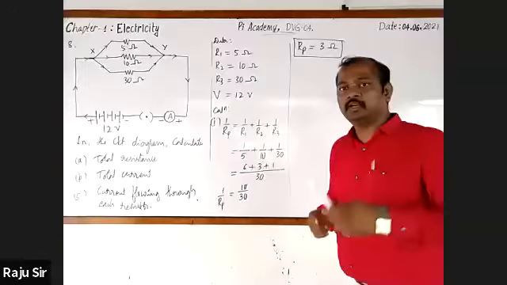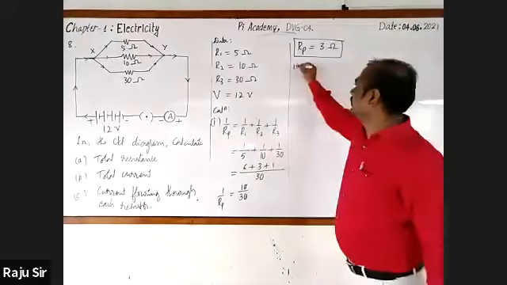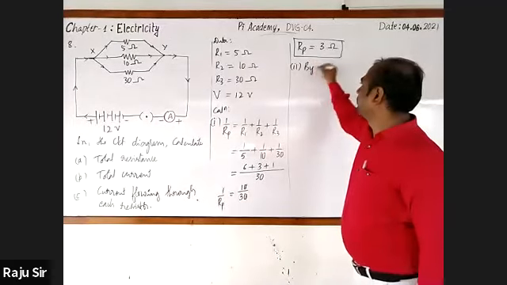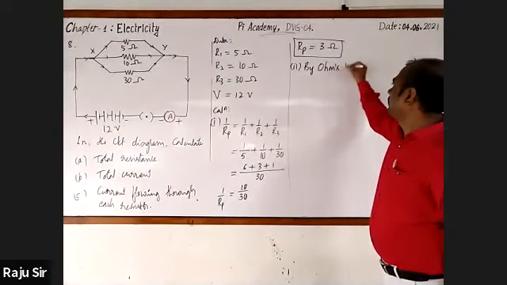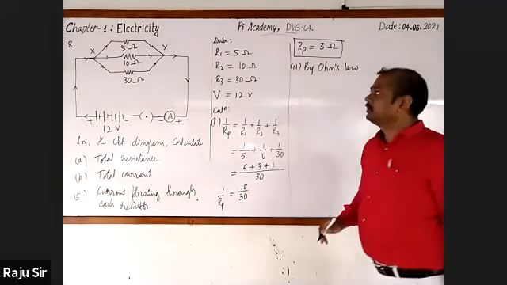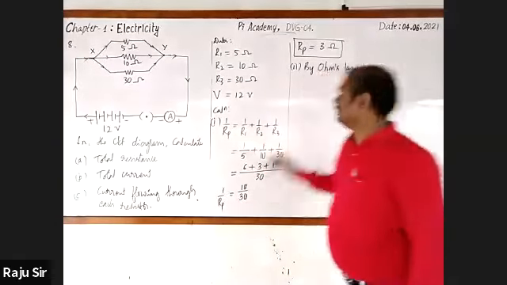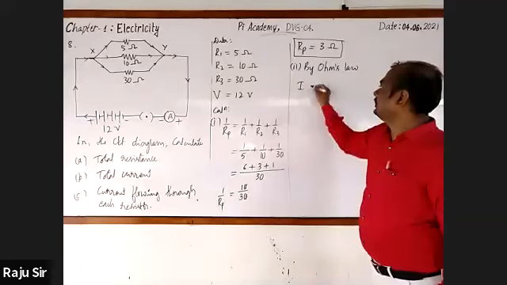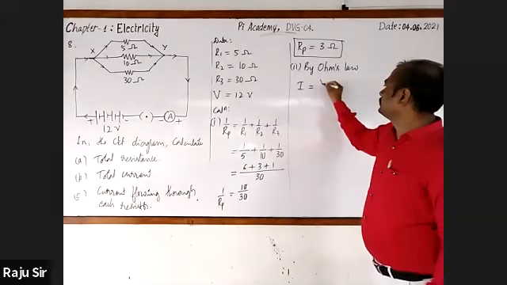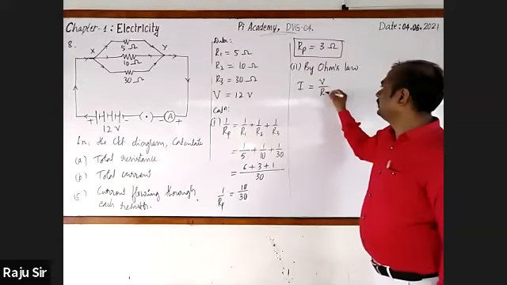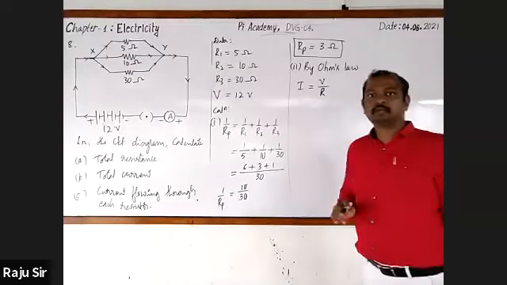Continue to write. Second one, by Ohm's law, we want current. Current I is equal to V by RP, nothing but R, total resistance.